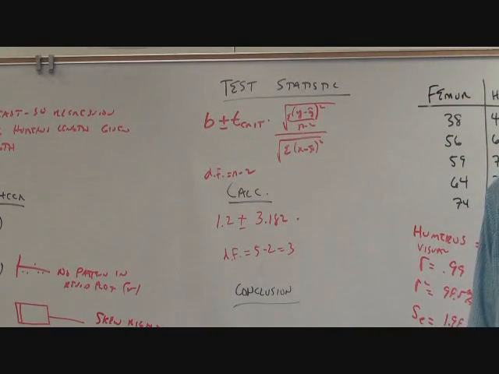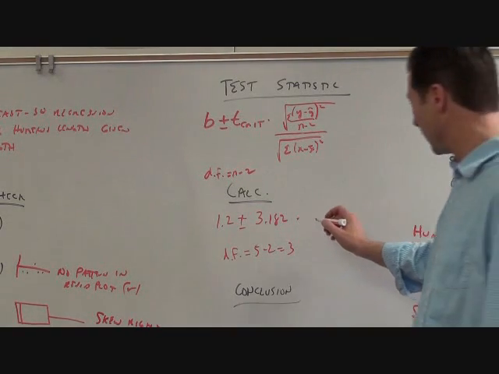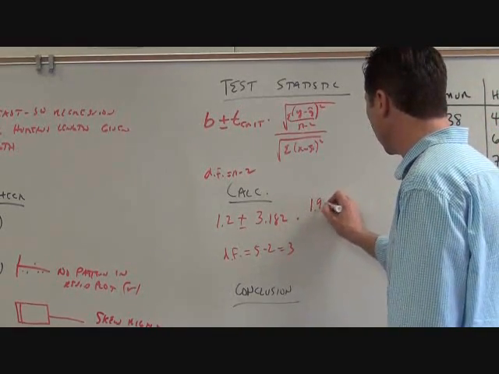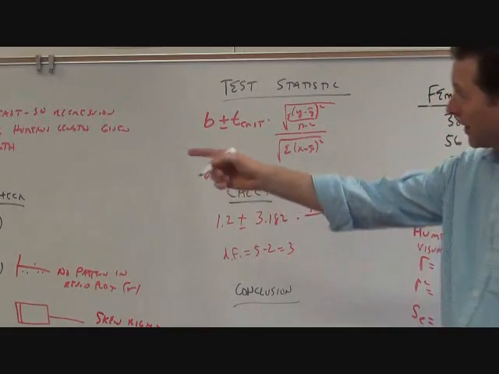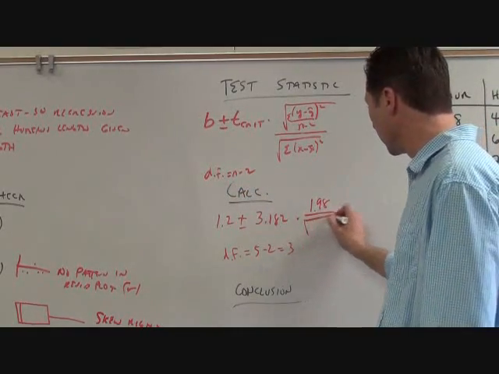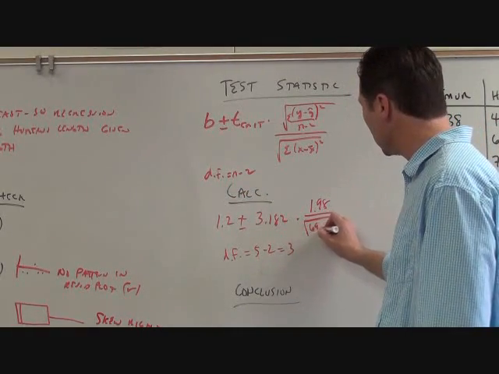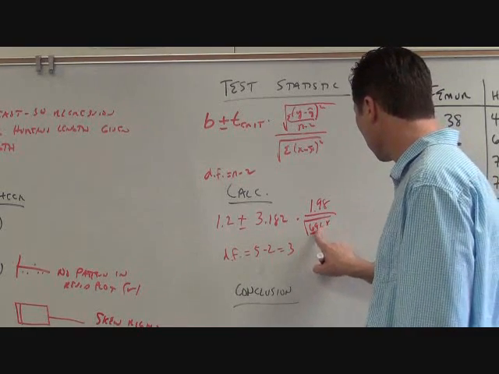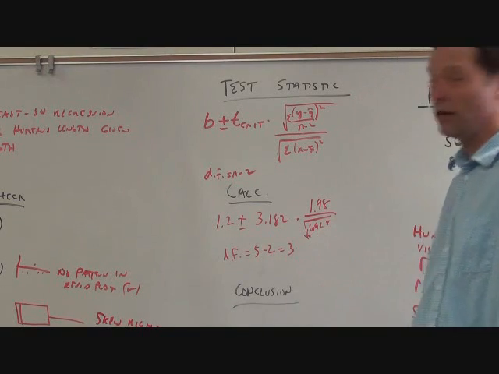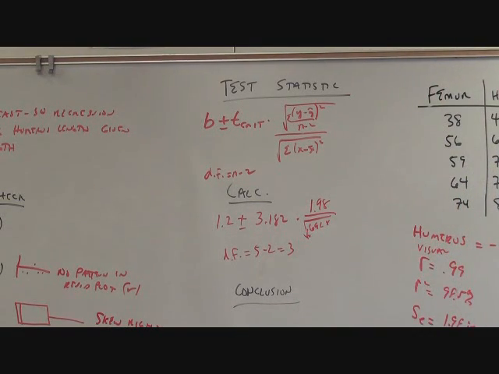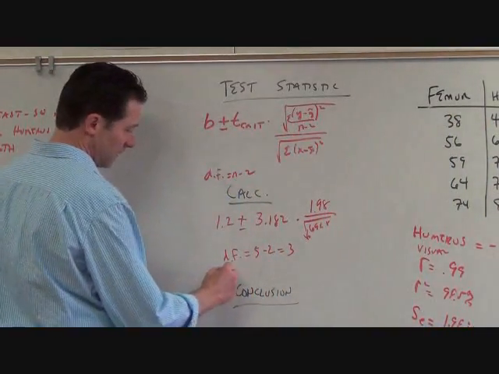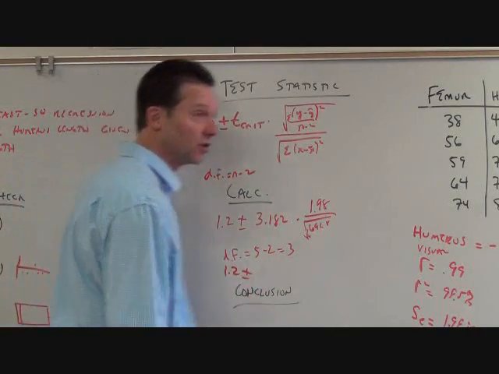Okay, now on this side, let's put some of our stuff here. We know that this was 1.98, so put 1.98 on the top. And on the bottom, let's do what we did over there: the square root of 696.8 over, that's it. That's one way you can show what we've got here. All right, throw that into your calculator. What is our 1.2 plus or minus what is our margin of error?